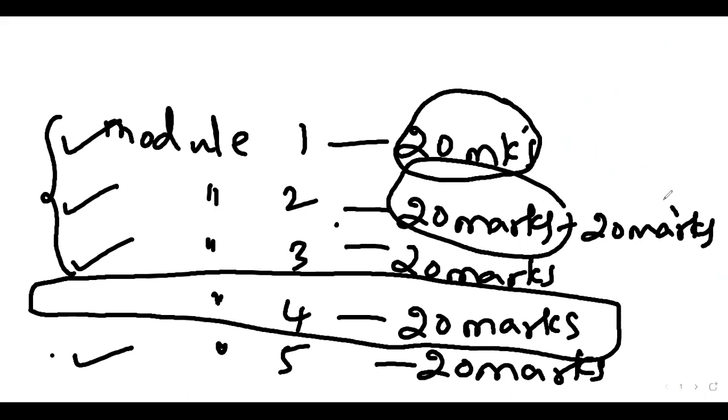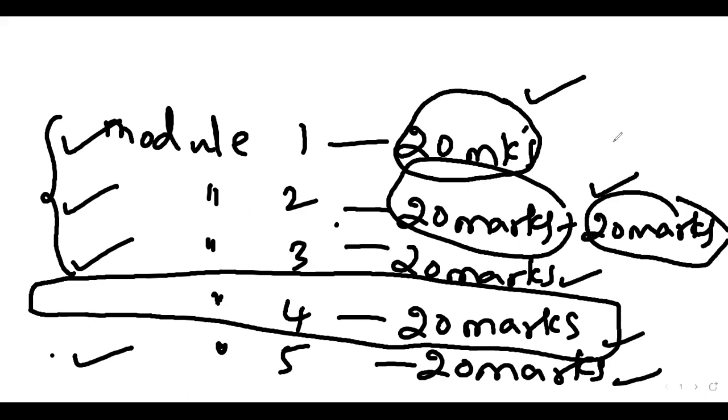Either this or this 20 marks. Correct? So if you answer this and this, it will be 100 marks. Or if you do not answer the next 20 marks, you'll answer this and this, the rest. We do not know from which module you'll be getting 40 marks.